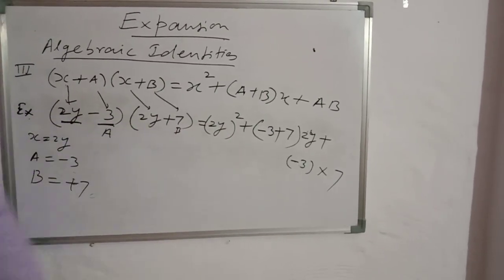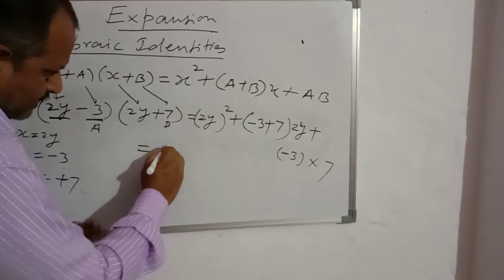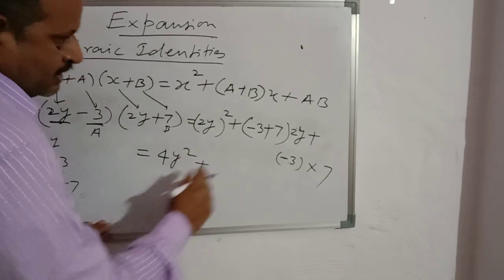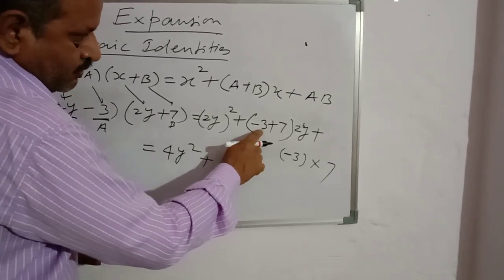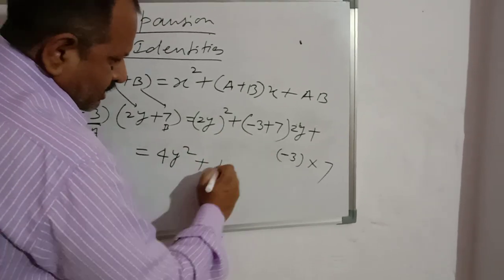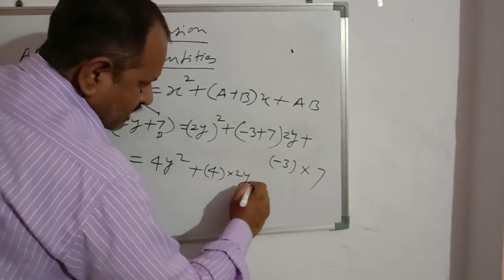Now we have to simplify it. So 2y whole square is 4y square plus minus 3 plus 7. When we simplify it, we will get plus 4. Plus 4 into 2y, plus 4 into plus, again plus. So it is plus 4. Outside 2y is there.